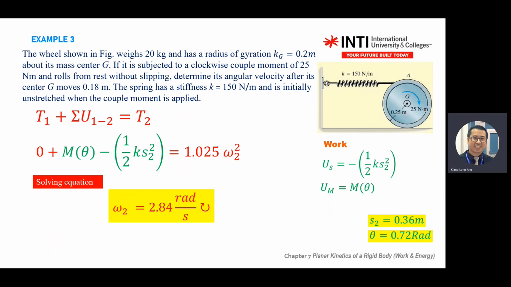For chapter 6 and chapter 7, the answer must give direction. You must write the direction in your answer. Any questions so far?